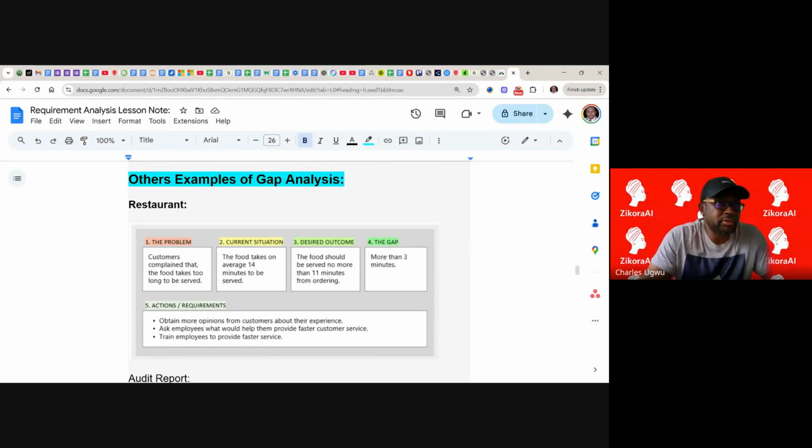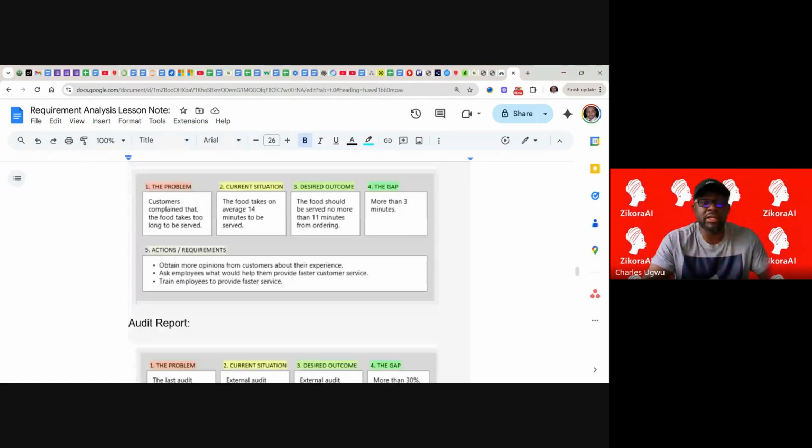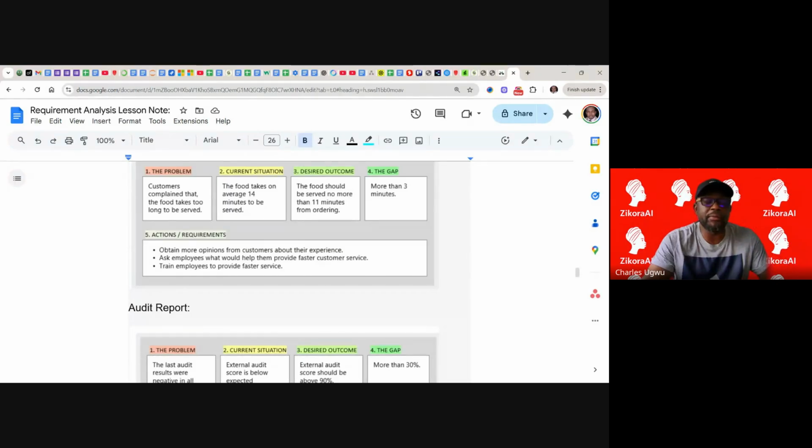It's another way, so it's left for you to find ways. It can be technology, or just a normal rearrangement within the work environment to reduce the time. So it's just an example for us to understand gap and gap analysis further.